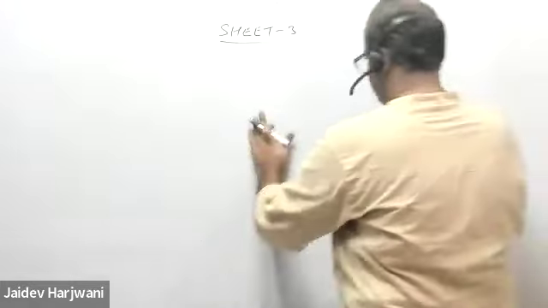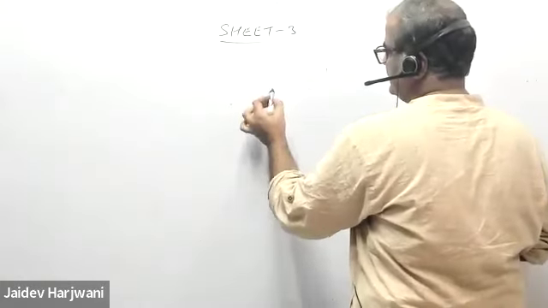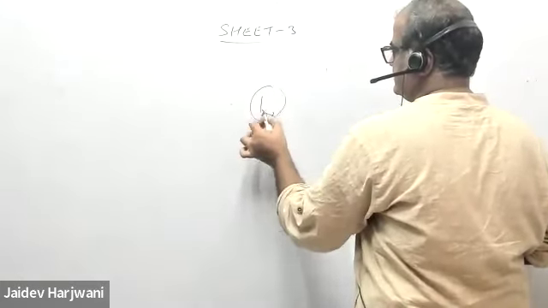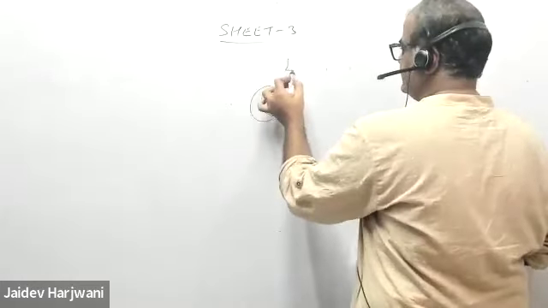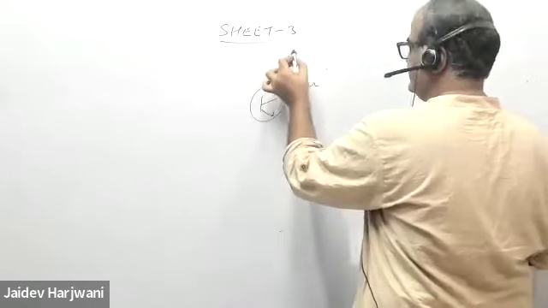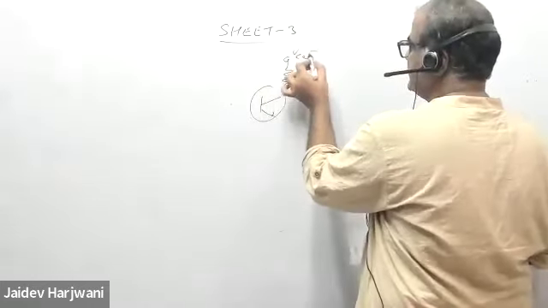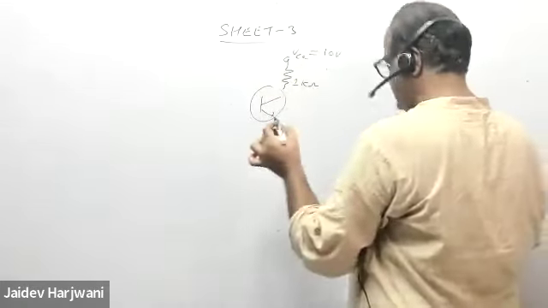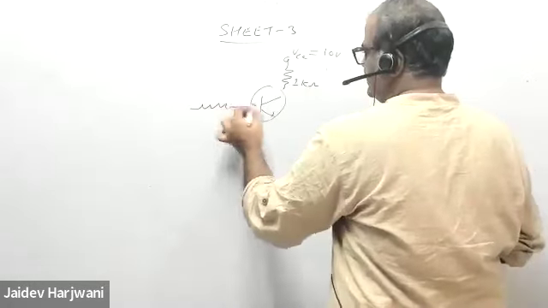Okay. So you have been given a transistor. This is 1K. This is a VCC, VCC is given 10 volt. Here a 10 kilo ohm resistance is there.